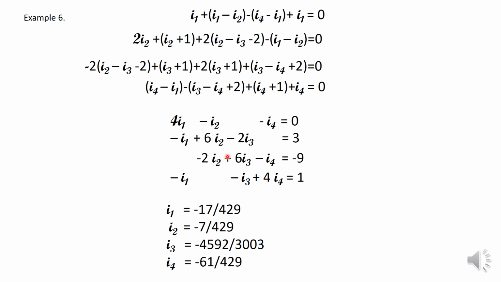Before we go ahead, let's look at this form for the equations here. Notice the symmetry in this.